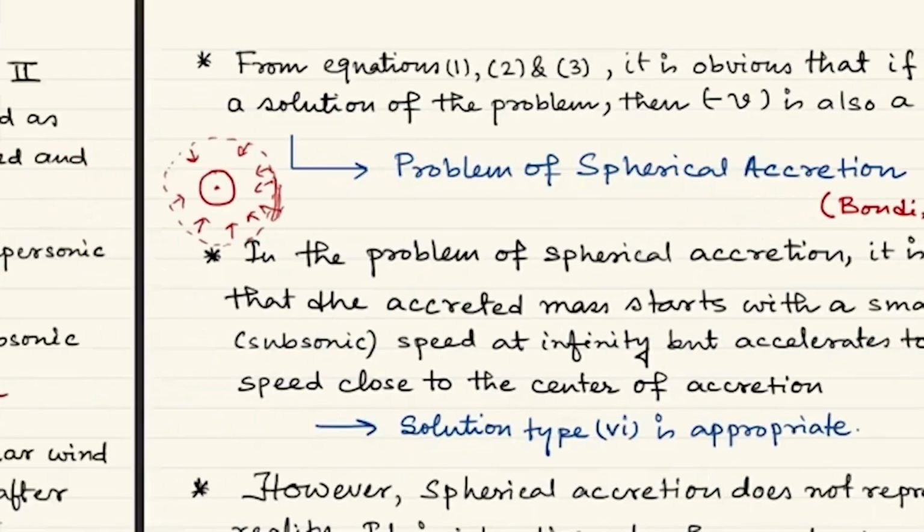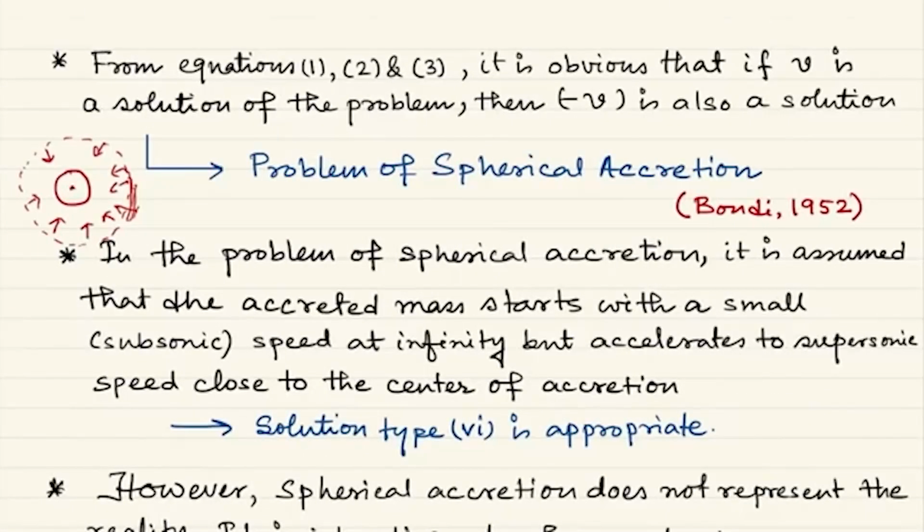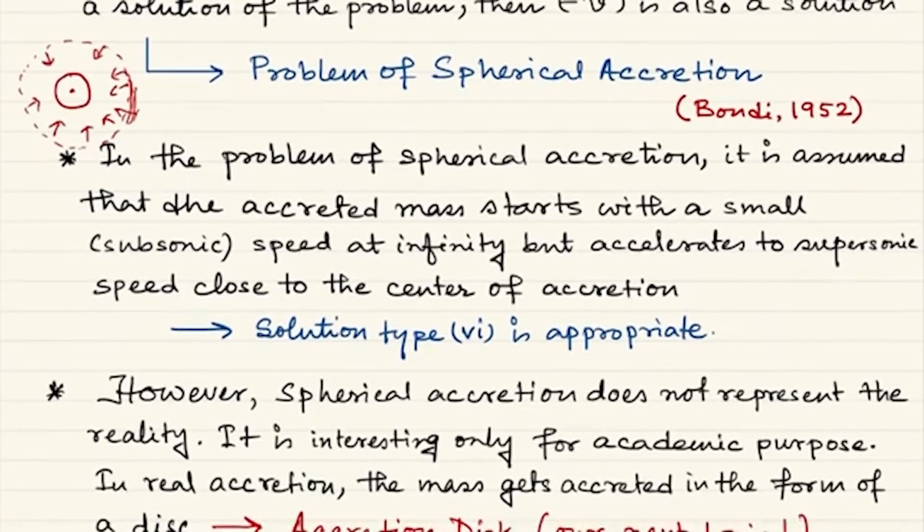So you see it starts with subsonic speed at infinity, and then it accelerates to have supersonic speed very close to r equal to 0, and that simply says that solution number 6 will be an appropriate solution for this Bondi's spherical accretion problem. This problem is also called Bondi's problem.